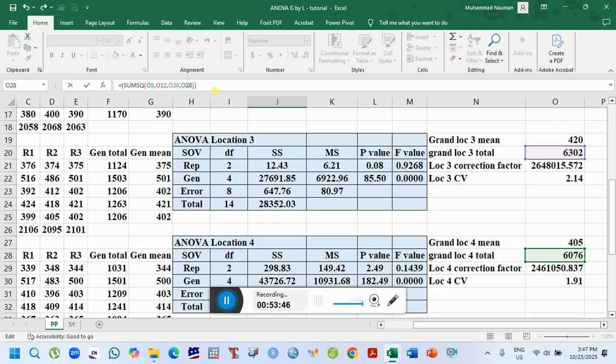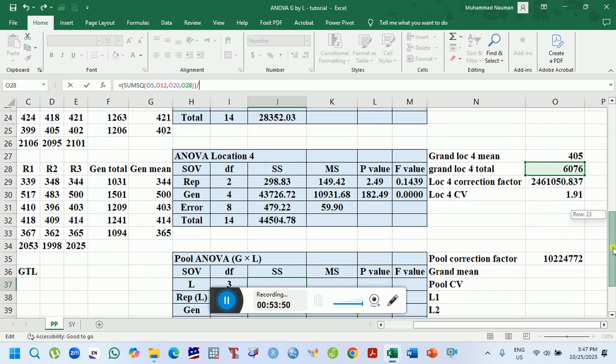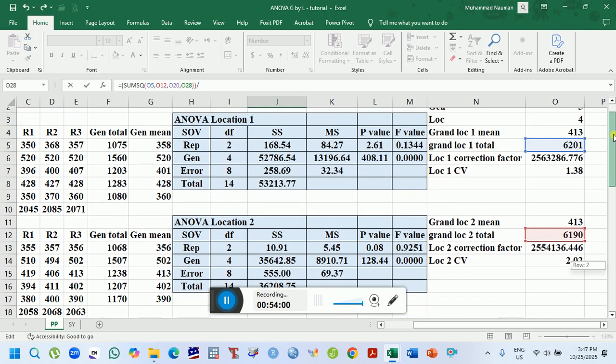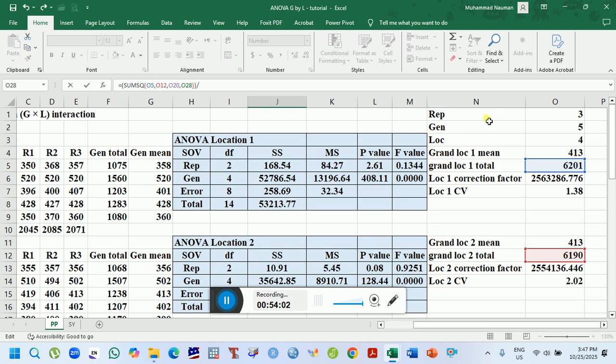Divide by. For conciseness we are calculating the location sum of square, so genotype and replication will be the denominator. Replication multiplied by number of genotype.